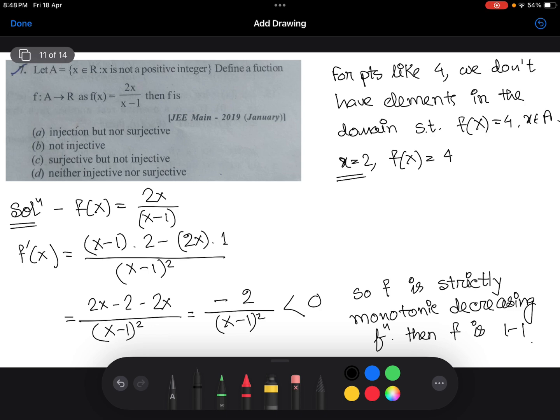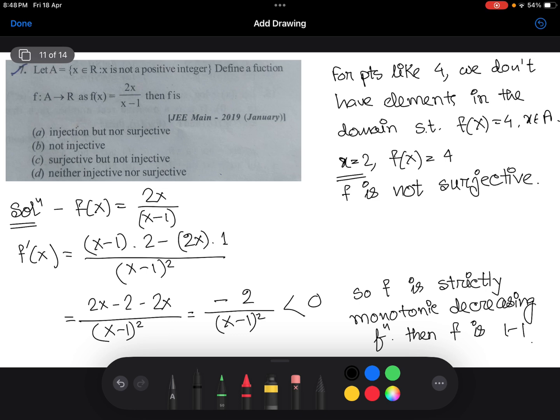So for points like 4, we don't have an element in the domain such that f of x is 4. Therefore, we find a point in the codomain for which we don't have a pre-image. That means f is not surjective. So f is injective but not surjective.